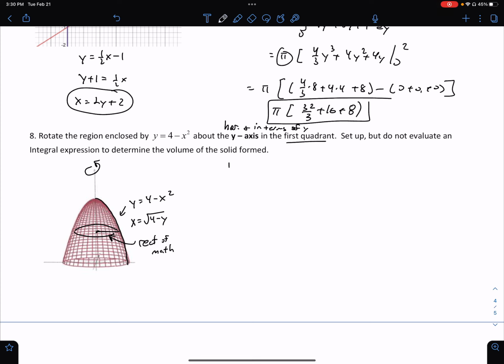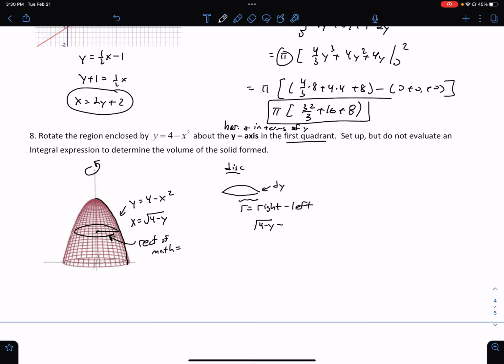So my disk this time is going to be sideways because everything's in terms of y, just like number 7. My radius, again, we're going to do the right minus the left. So the right function is our square root of 4 minus y. And the left, be careful, we're measuring to the y-axis. That's my rectangle of mathematics.